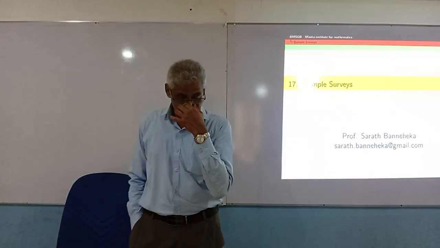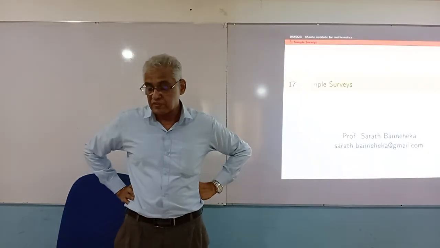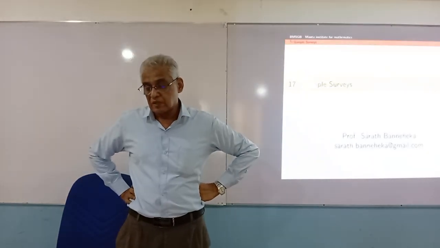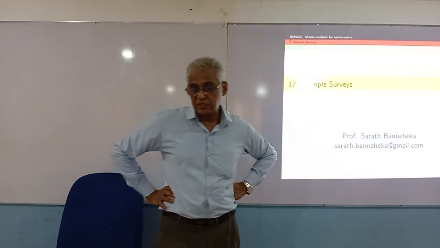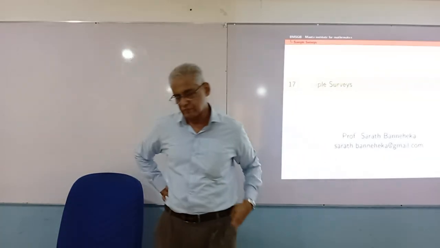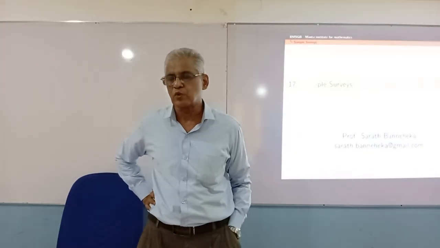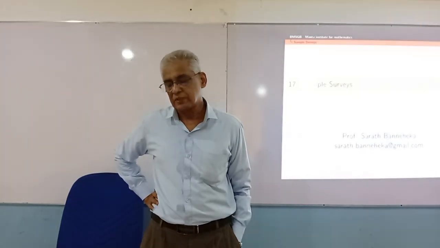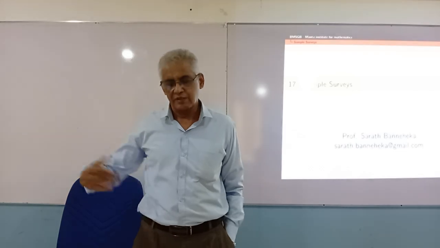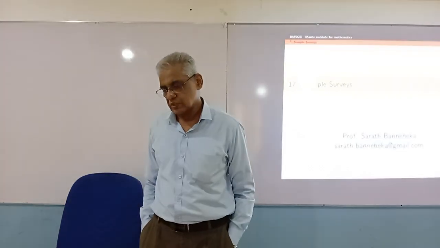So today we are starting a new section in the book. It says sample surveys. So in this section we will talk about sampling methods, basically how to select a sample, and some problems in some types of samples.